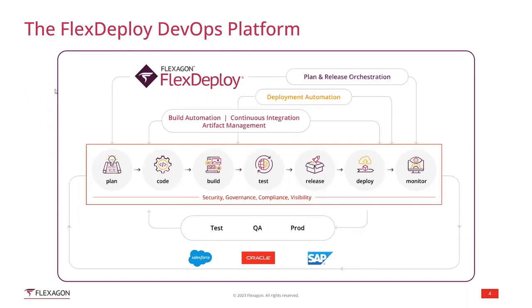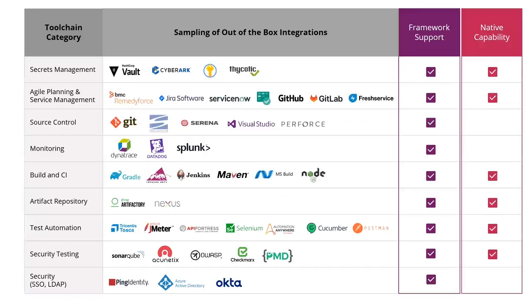And then sitting on top of that is the release orchestration, which is going to manage through a pipeline the process specific to the customer of how software advances through the environments, tying in the tool chain like test automation and security scanning.